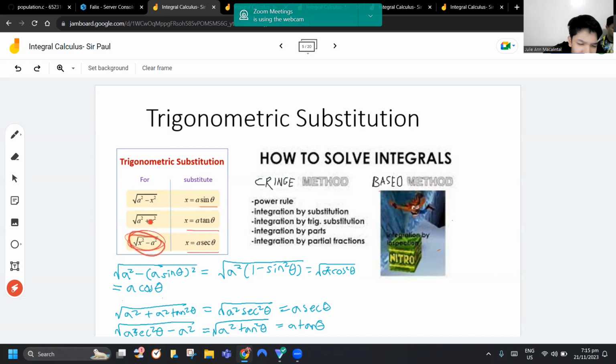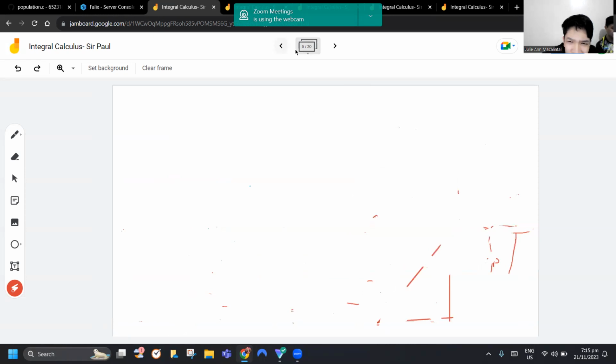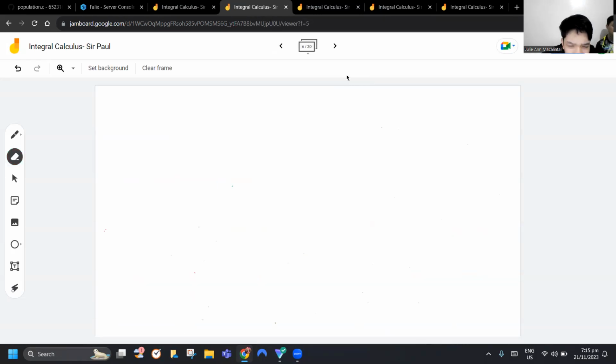These are the only possible forms of any sum or difference of squares. So it's already there. Here. So this is the first problem.